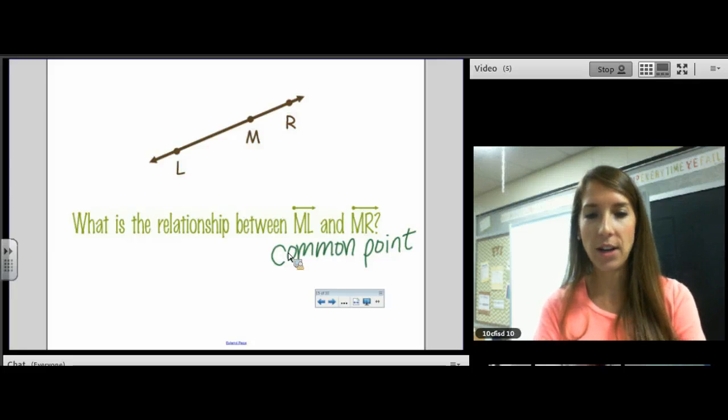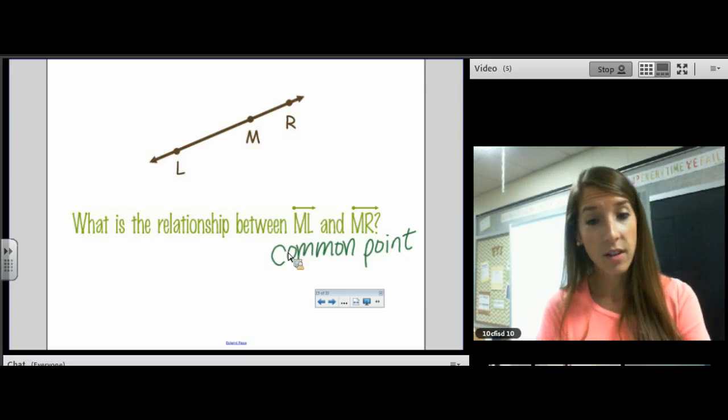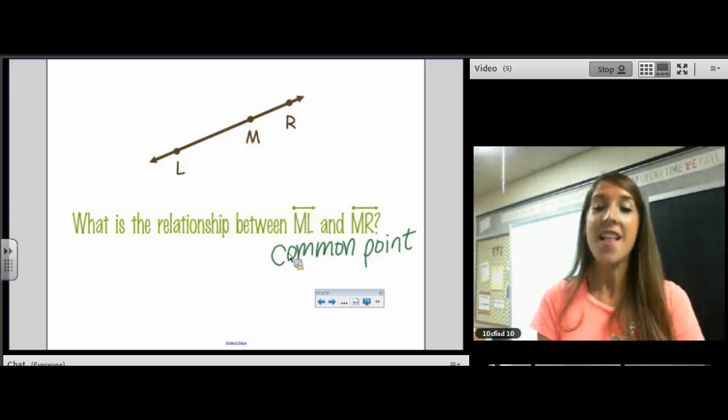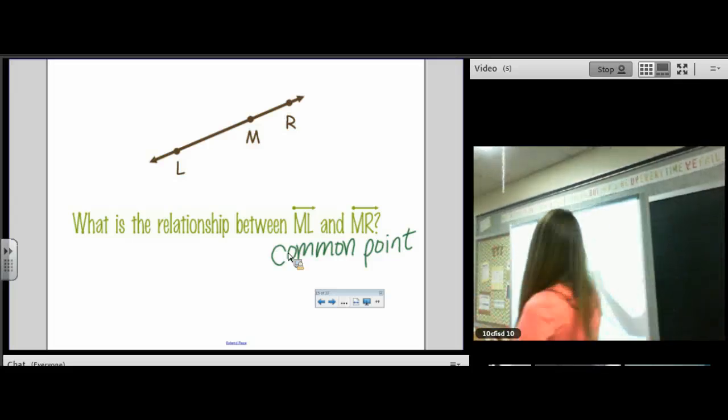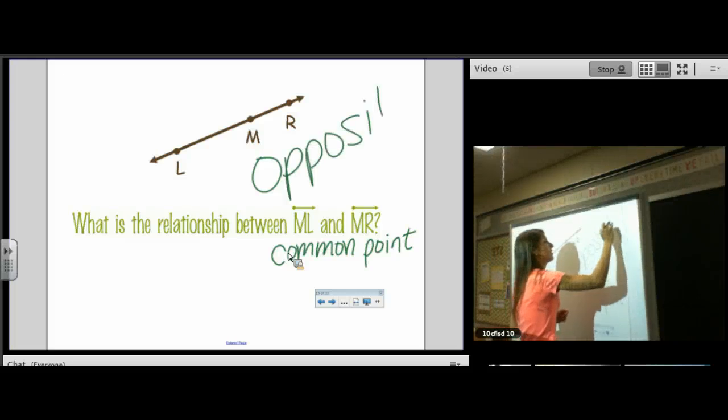What about their direction? Same direction? One goes left and one goes right, opposite. That was the word I was looking for. Yay!